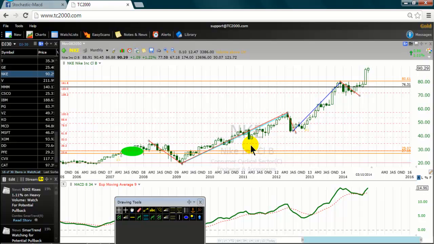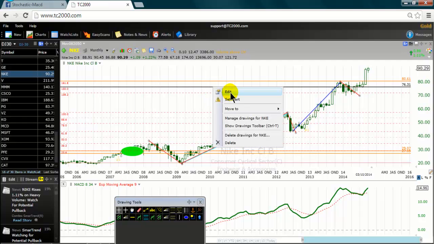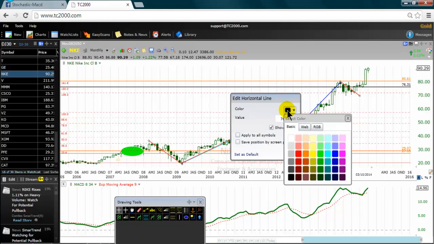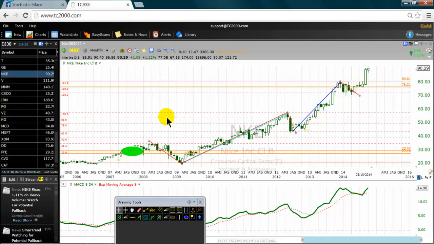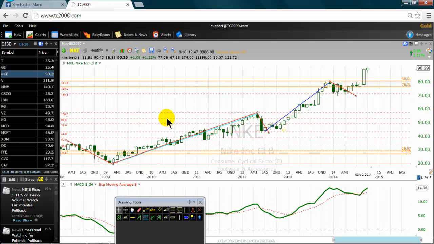Remember that overbought does not mean sell. Overbought means it's a warning, a bearish warning. If the warning is supported by weakness in the fundamentals, we look for opportunity to sell. Look here, this is the overbought zone, a second overbought zone.